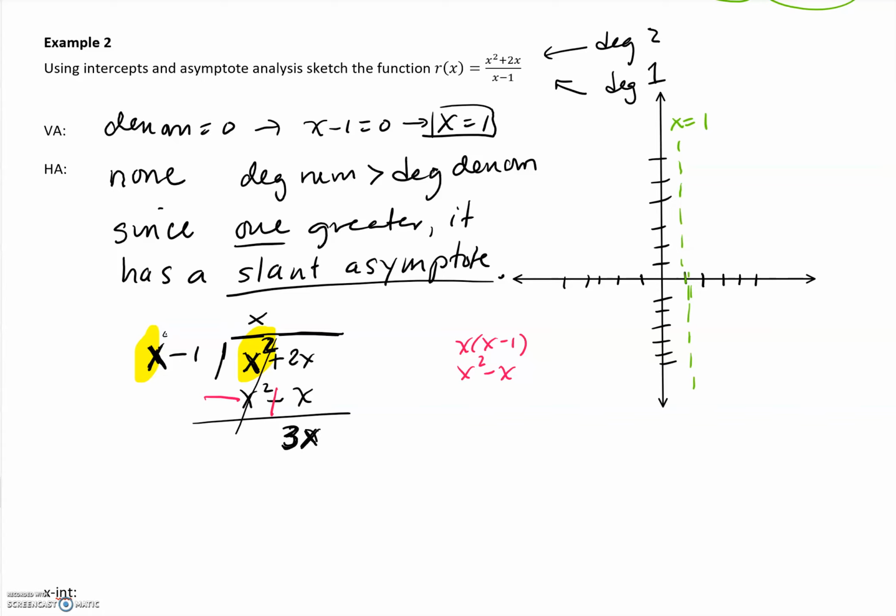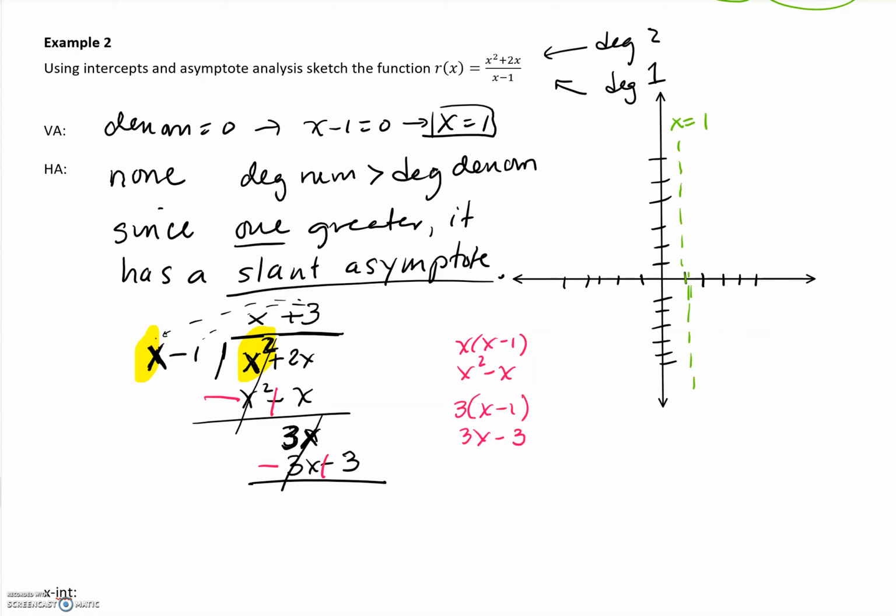So I'm going to put a positive 3 up there to get my 3x, and I'm going to take that 3 and multiply it by x minus 1 and get 3x minus 3. So in other words, now you're multiplying 3 times x and 3 times negative 1, and that's going to give you 3x minus 3. And just like long division, you immediately switch your signs.